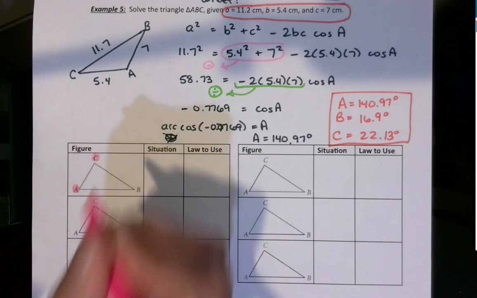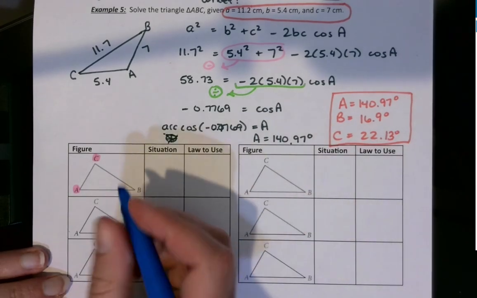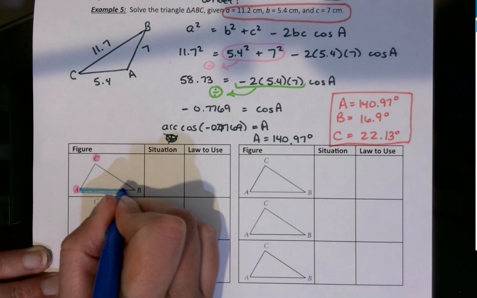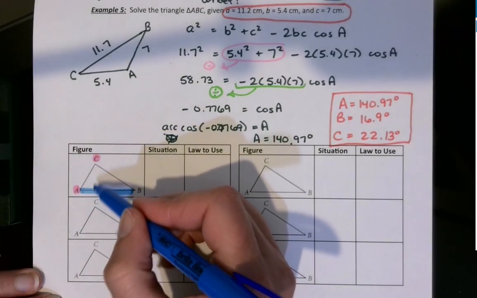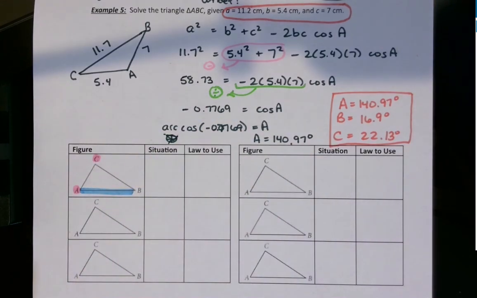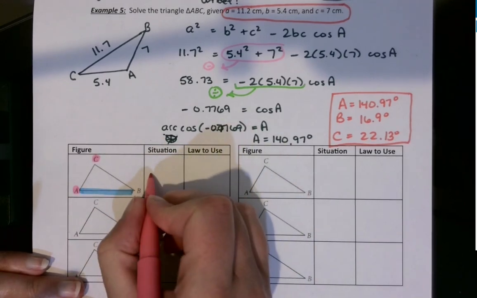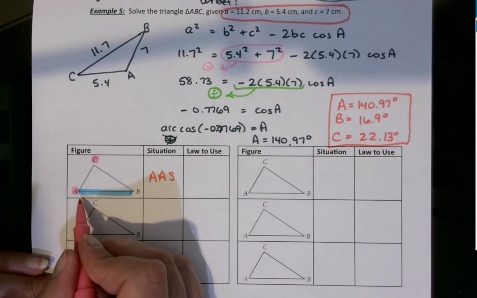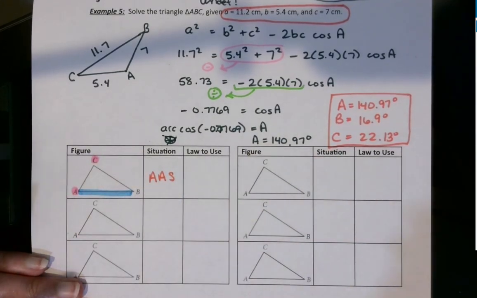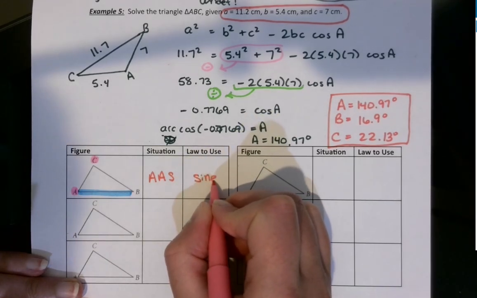So if I know 2 angles and a side, in such a way that I've got myself an angle-side pairing, this case here is angle, angle, side, or it's sometimes called side, angle, angle. This is going to be an instance where I can use law of sines.